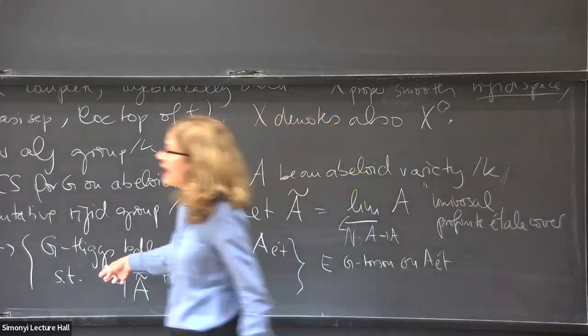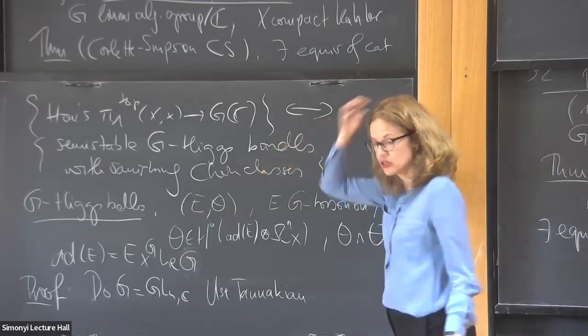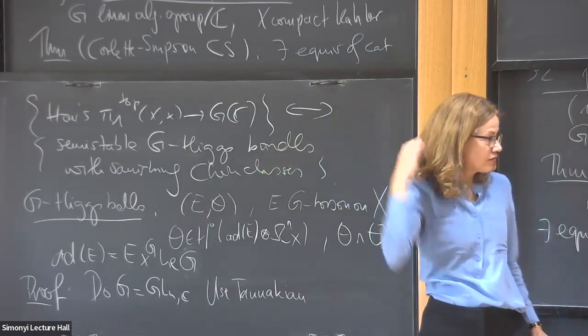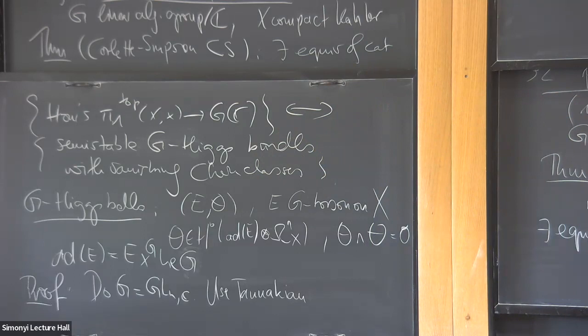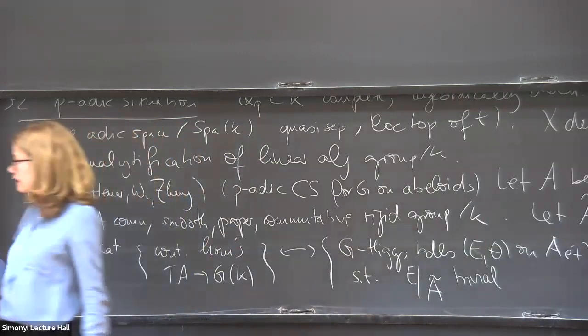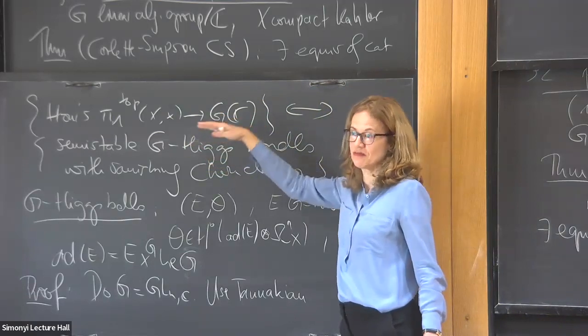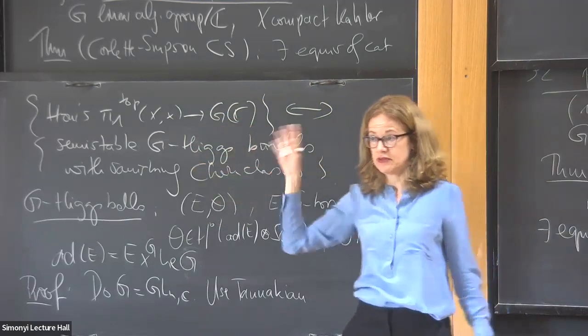I no longer work with this semi-stability with vanishing Chern classes, and one knows from results by Heuer in the case of line bundles that this would not hold, even in the case G equal to G_m. An equivalent where I just use this very definition would not be true even in the rank 1 case.